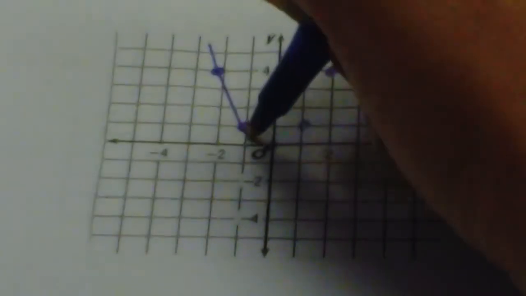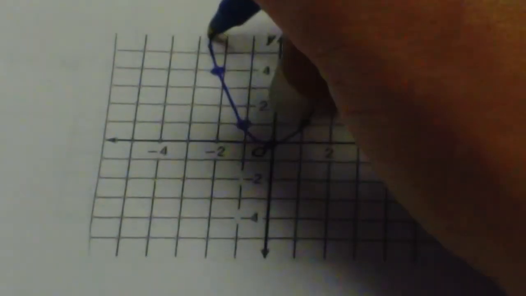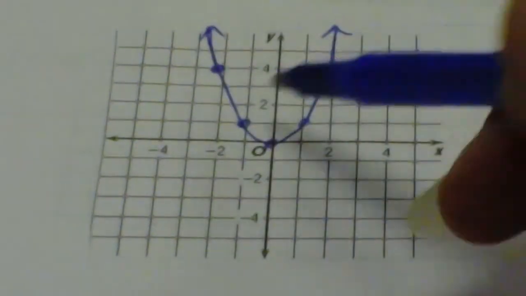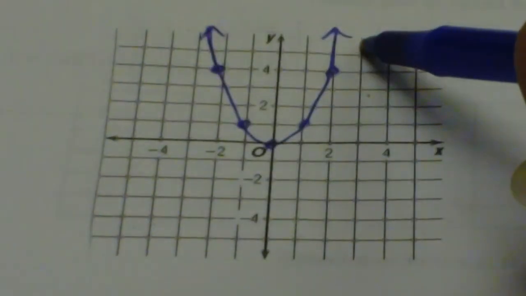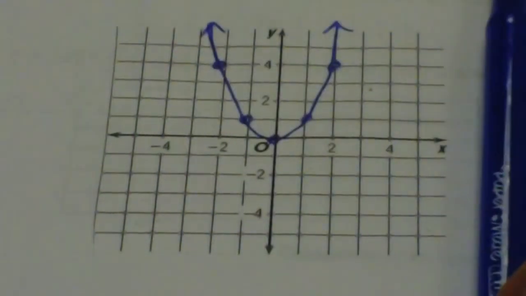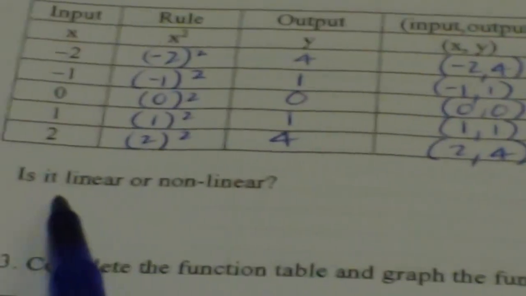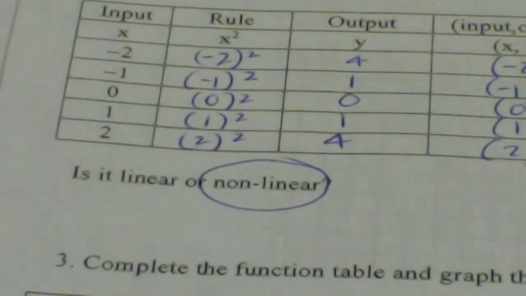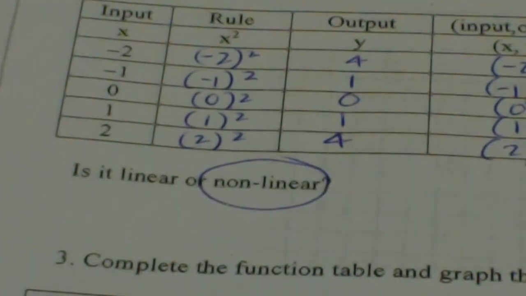So when you graph them, you're going to connect them like this. Don't connect them across, but you're going to connect it like this. Draw your arrows. And then you can see that this passes the vertical line test, which means it's a function. But is it linear or nonlinear? This example is nonlinear because it doesn't make a straight line.